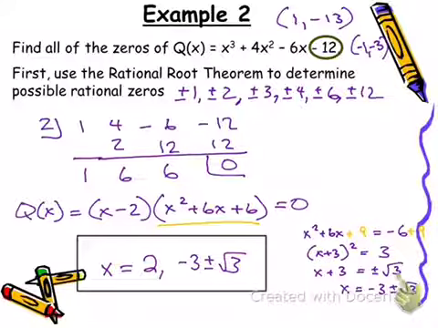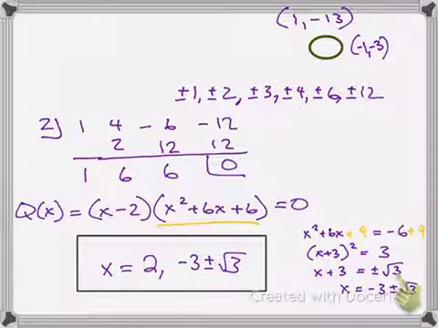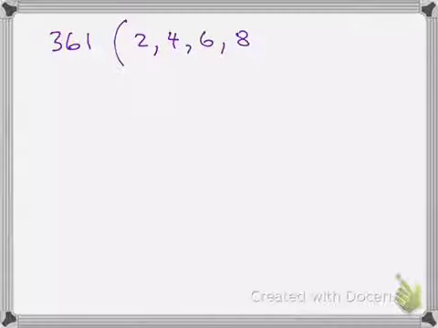So we're going to stop there for today. What I want you to do for homework is page 361. Just do 2, 4, 6, 8. Who do we appreciate? All right. Now, follow the directions.